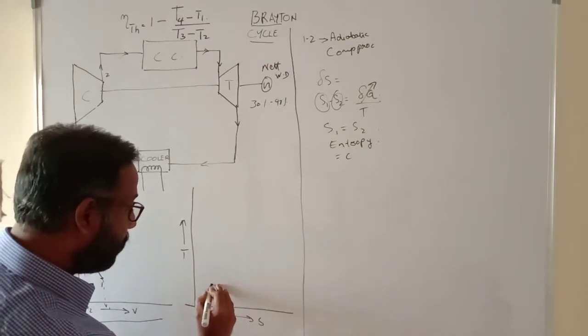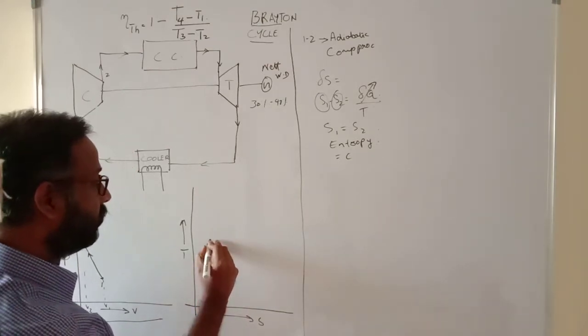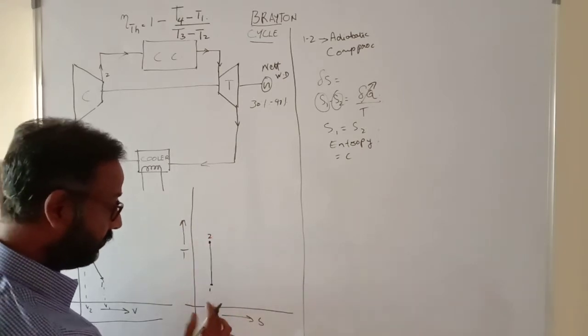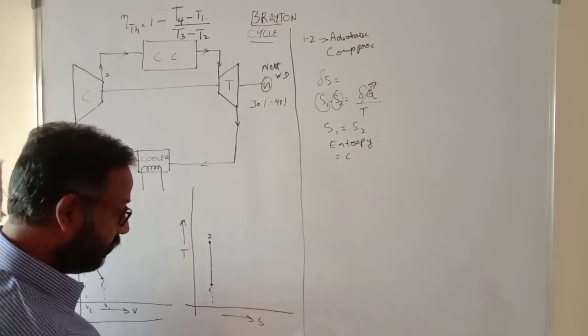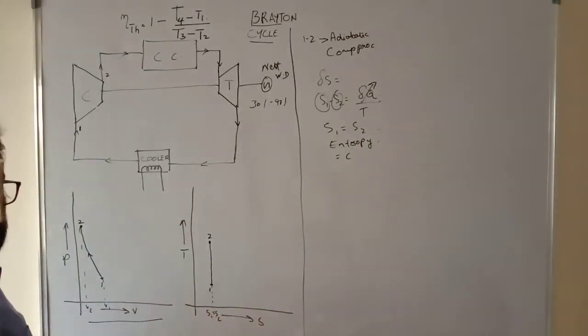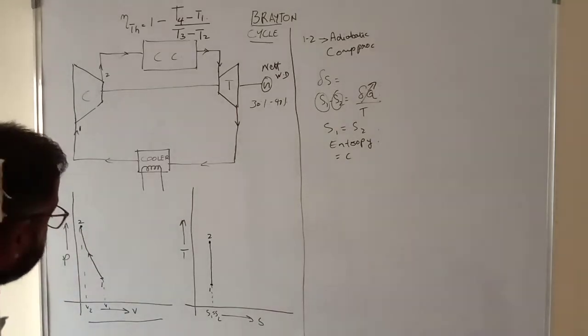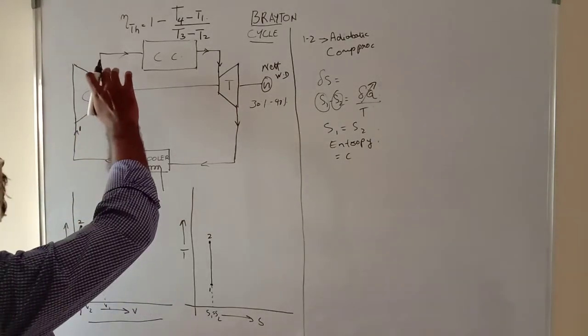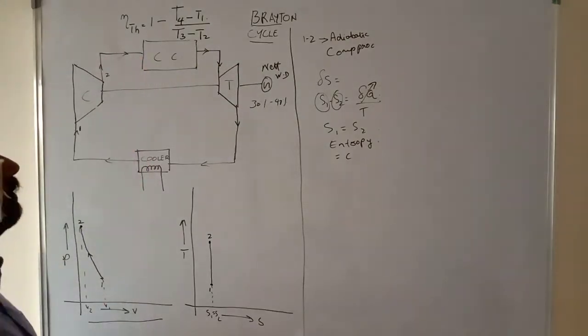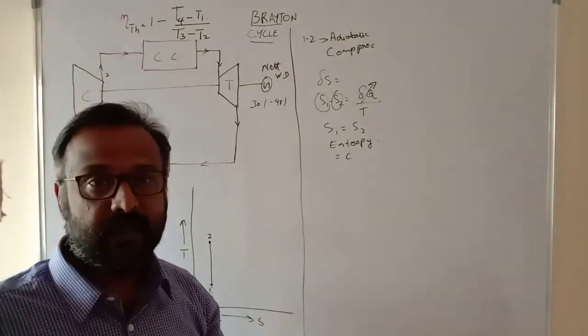So let's say from point 1 to point 2, the temperature has increased, but the entropy remains constant. That is nothing but S1 is equal to S2.